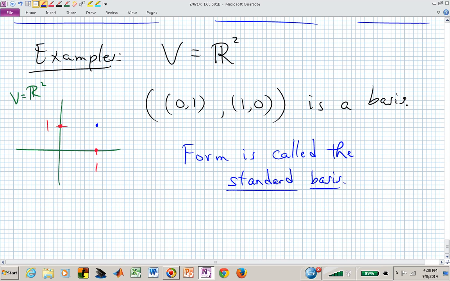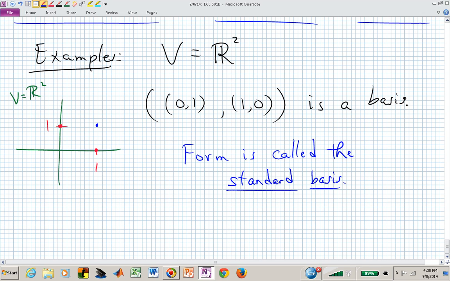Question? So yes, the question was, why did you list it as y comma x in terms of a two-dimensional?